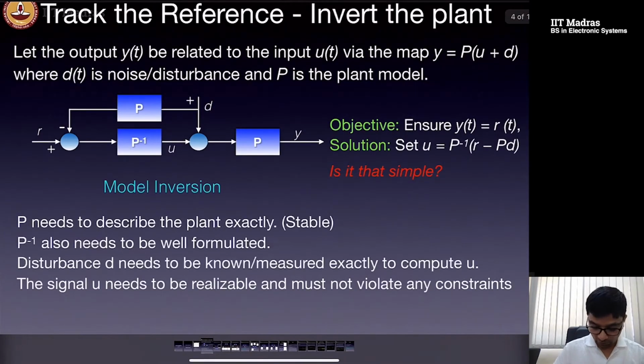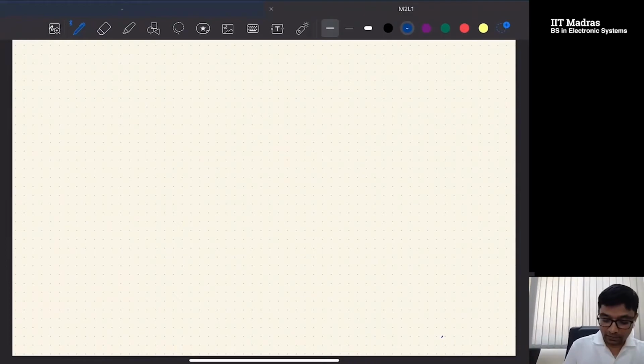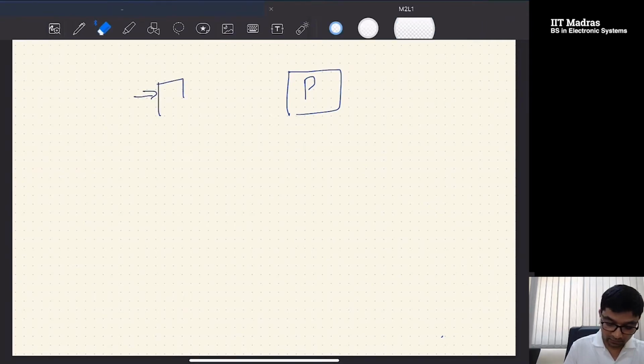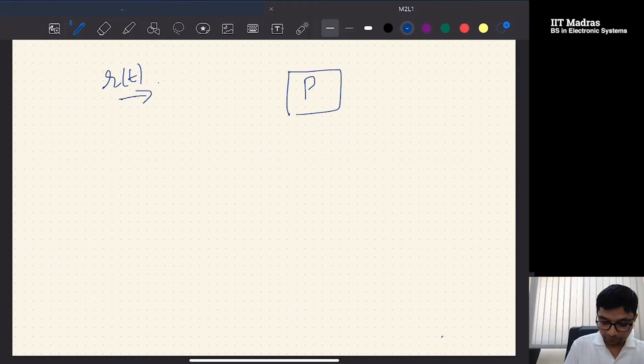A simple control problem to formulate would be, given a plant and a certain reference signal. I start with a certain reference signal, I call it R of t. This R of t goes through a controller.